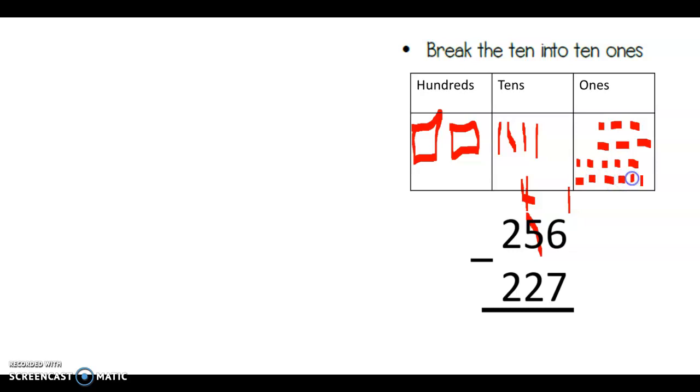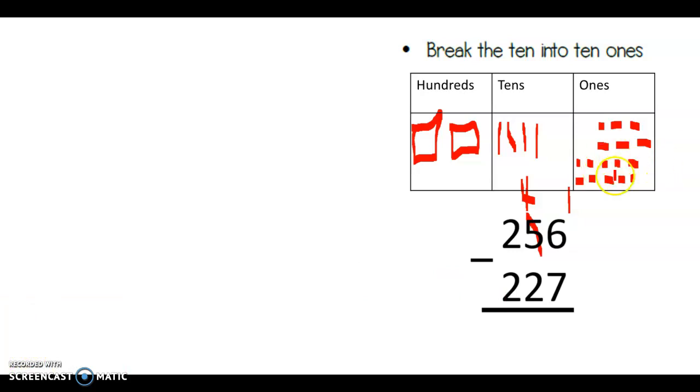Okay, so now I have my 10 ones. Oh, accidentally clicked an extra one there. There we go. Now I have my 10 ones and my 6 ones that I started with.